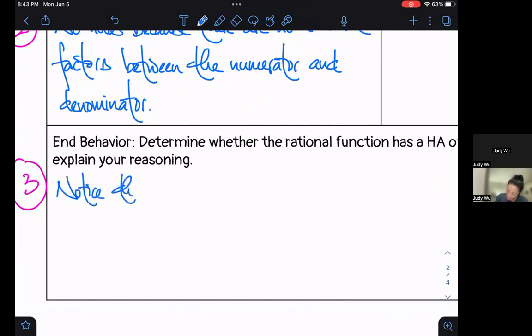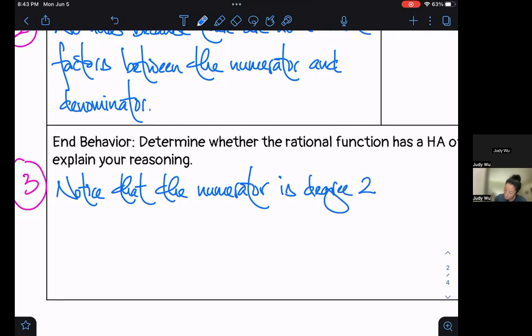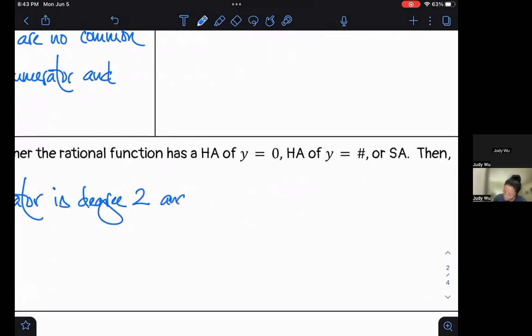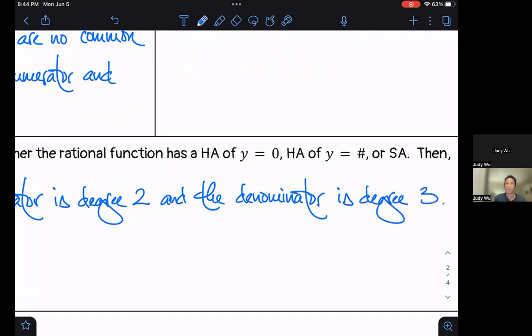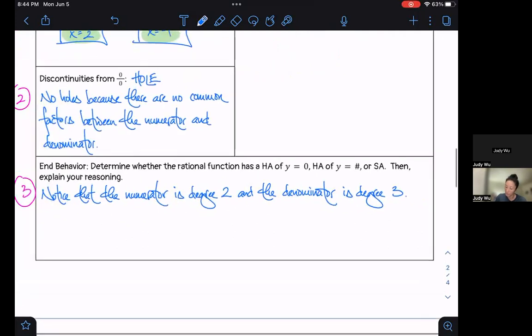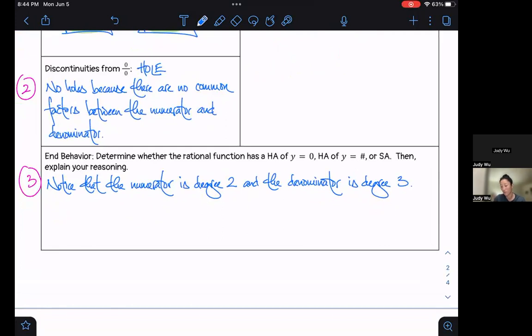Notice that the numerator is degree 2, and the denominator is degree 3. All right, so notice that the numerator is degree 2 and the denominator is degree 3.